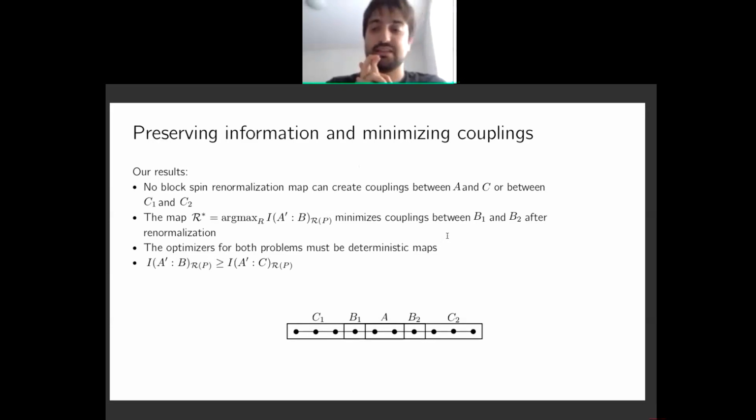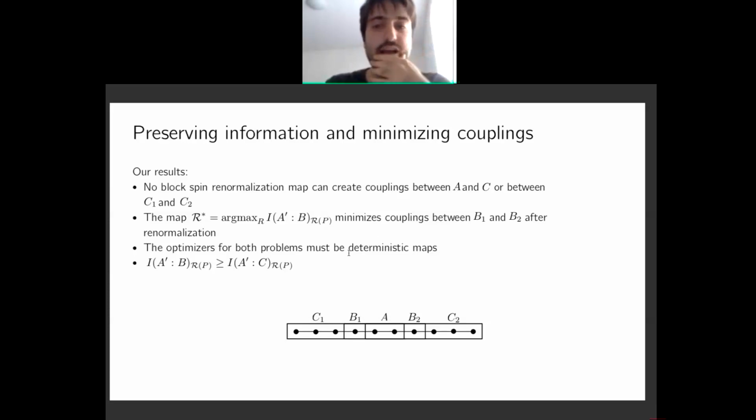These results are valid primarily in 1D, but also in isotropic d-dimensional systems for NED. We find that actually there is no block spin renormalization map that can create any couplings between A and C, so the block and its faraway environment, or even between C1 and C2. These are just never coupled in by a single block renormalization map.